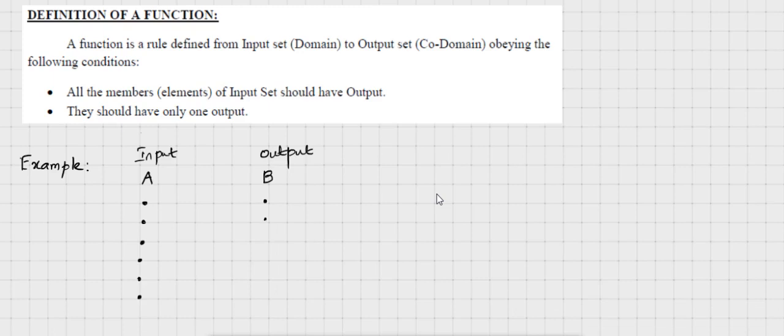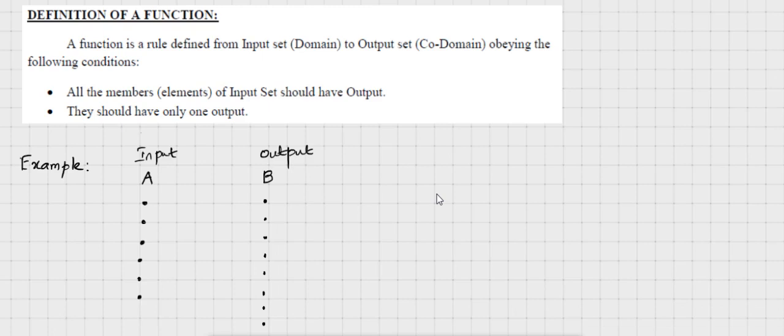I am taking around 7 or 8 elements. No matter, you can take any number of elements, it doesn't matter. But see how a rule is filtered to a function, mathematically, when a rule can be filtered as a function.